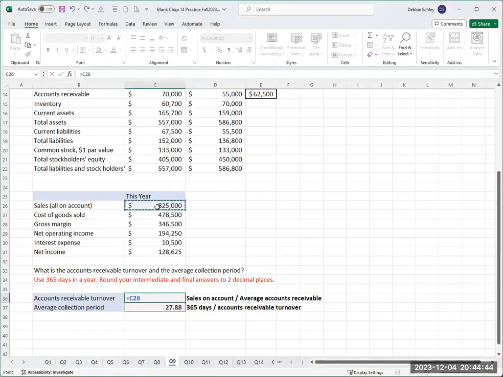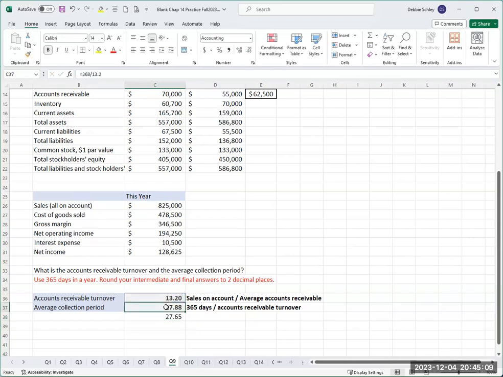Equals sales on account divided by average accounts receivable. Down here equals 365. Maybe I did a typo. Divided by accounts receivable turnover.